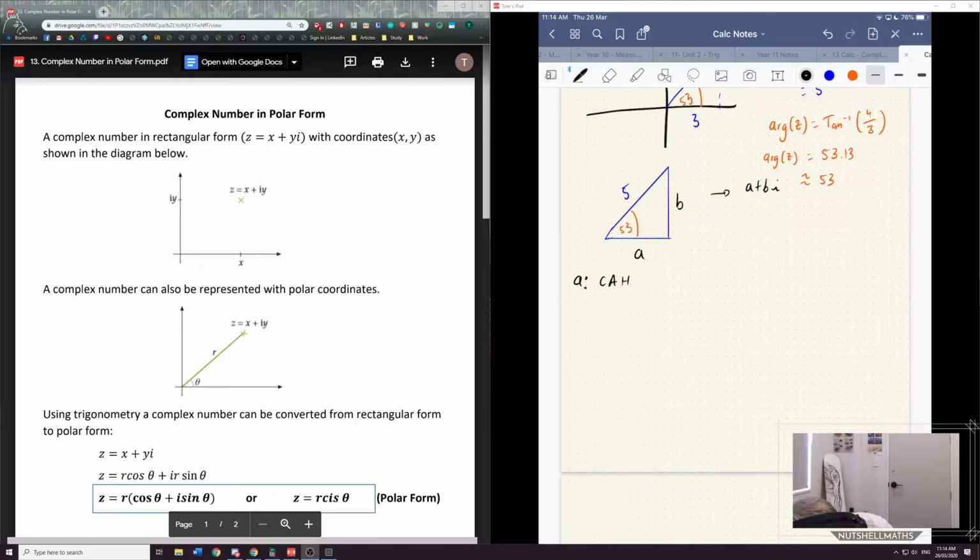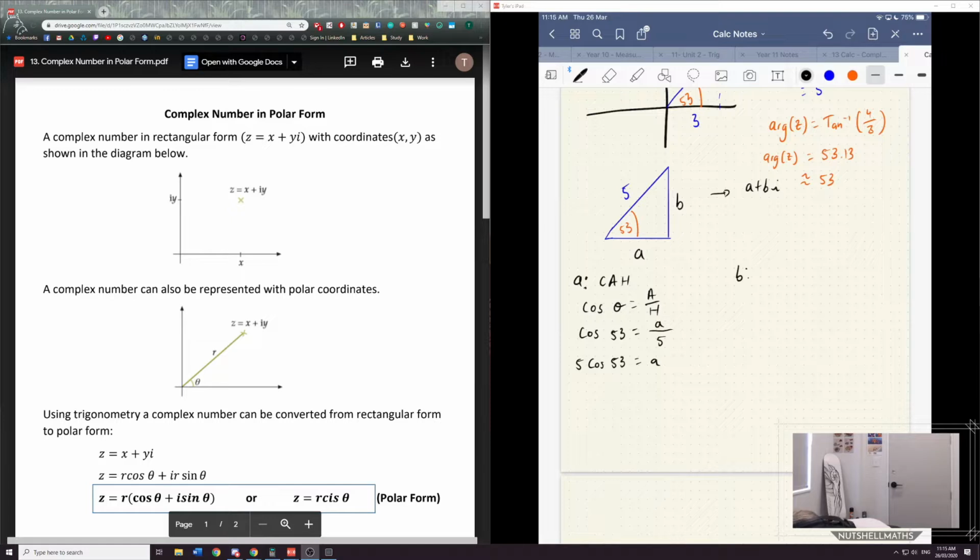So for A, I'm going to use cos theta equals A over H, which means, I'll go very slow, cos of 53 equals A, which in this case is our unknown, over H, which in this case is 5. Let's rearrange it and say 5 cos 53 is A. I'm just going to leave it like that for a second.